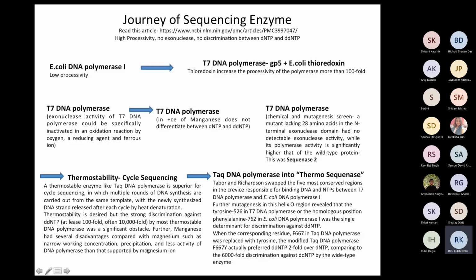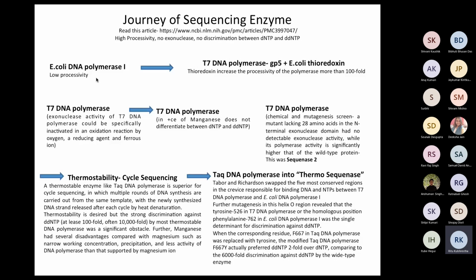Then some other labs were doing a lot of molecular biology experiments, and their idea was, let us compare the dNTP and DNA binding activity of E. coli DNA polymerase and T7 DNA polymerase, because as basic molecular biologists, they wanted to understand what is there in the binding domain of T7 DNA polymerase that it is not able to discriminate between dNTP and ddNTP, but E. coli DNA polymerase was doing so, right?